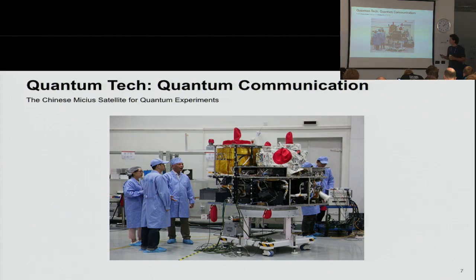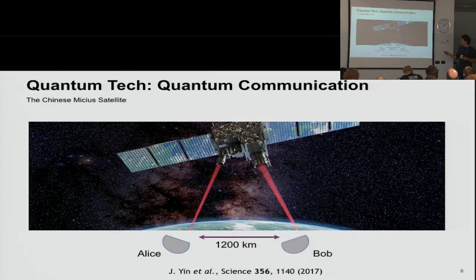And with regard to quantum communication, let me just mention that recently Chinese researchers have sent to space a satellite that shares correlated photons between distant objects on Earth and is able, in this way, to perform quantum experiments. This is a recent undertaking that is ongoing in China and all over the world.